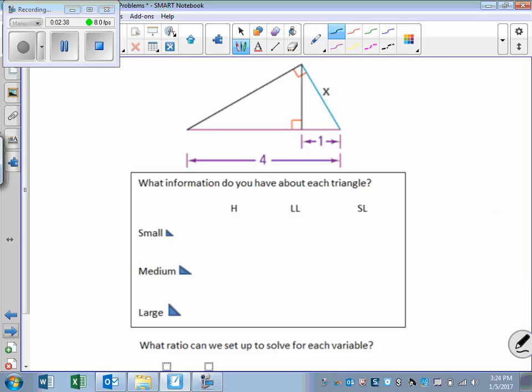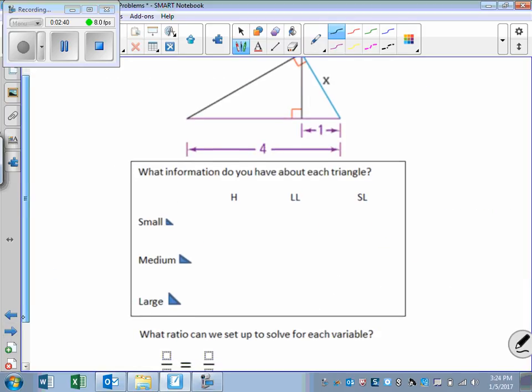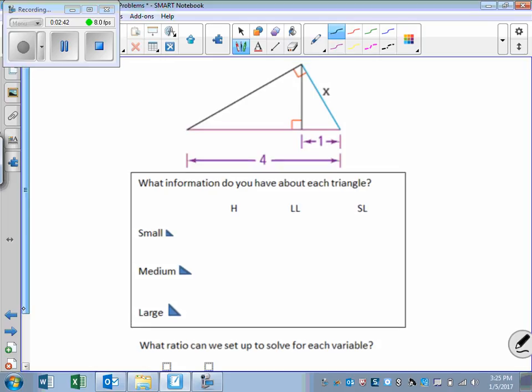Okay? Now we're going to start talking about solving. So first, we're always going to use this structure. So we're given, just like I showed you in the last slide, a smallest triangle, medium triangle, and a large triangle. Okay? Then we have H, LL, and SL.